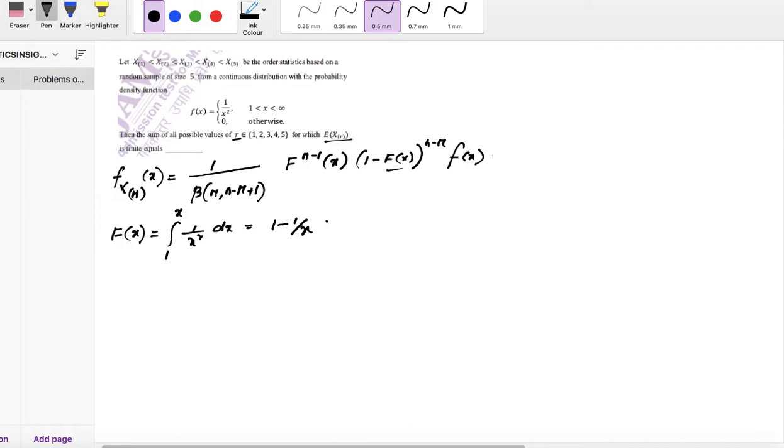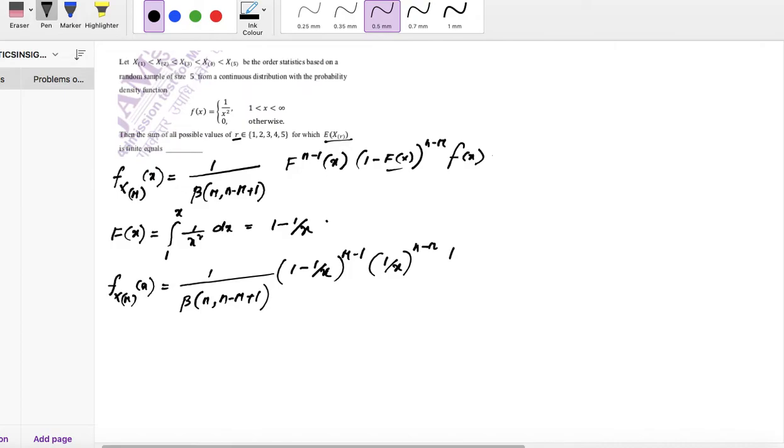Okay, now we can write the PDF. f of xr of x is 1 by beta r, n minus r plus 1, 1 minus 1 by x to the power r minus 1, and here it will be 1 by x to the power n minus r.